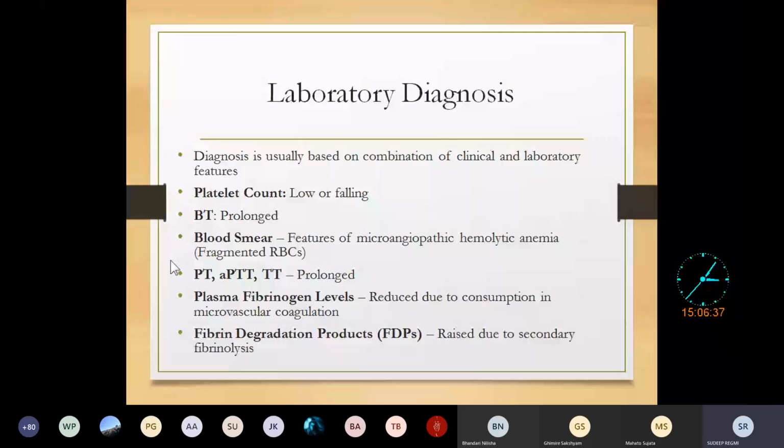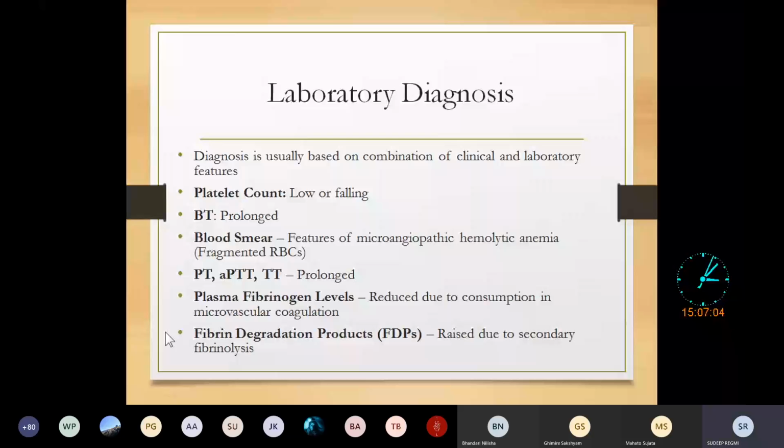In the blood smear, we can see features of microangiopathic hemolytic anemia, with fragmented RBCs. Plasma fibrinogen levels are also reduced due to consumption in the microvascular coagulation. What we especially look for is fibrin degradation products, FDPs, which are raised due to secondary fibrinolysis.